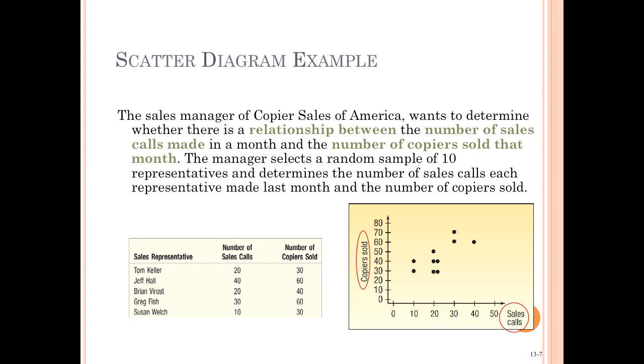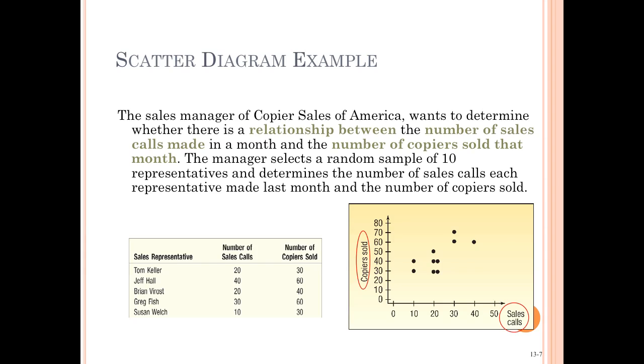So here, the sales manager of Copier Sales of America wants to determine whether there is a relationship between the number of sales calls made in a month and the number of copiers sold that month. The manager selects a sample of 10 representatives and determines the number of sales calls each representative made last month and the number of copiers sold.